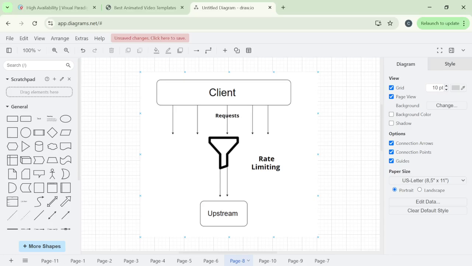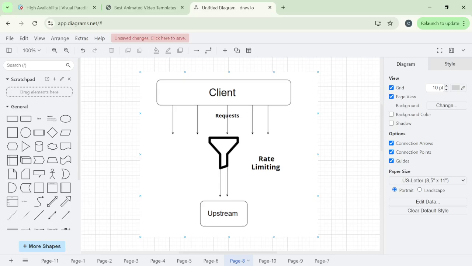This response tells them to wait before making more requests, helping to regulate traffic without crashing the system. A rate limit can also be applied at different levels, such as at user level, per IP level, or per API key. This allows developers to fine tune control based on use case and expected traffic.